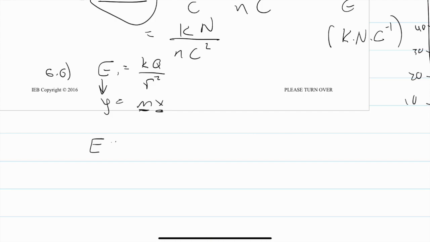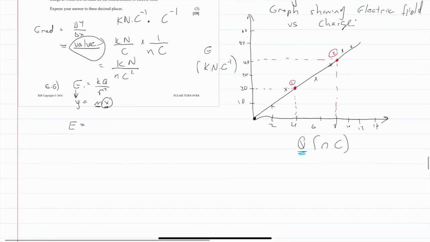And then I'm left with m or x. What is my x? My x is q. So therefore, my m must be whatever's left over, which is k over r squared. So we can say that the gradient is equal to k over r squared.